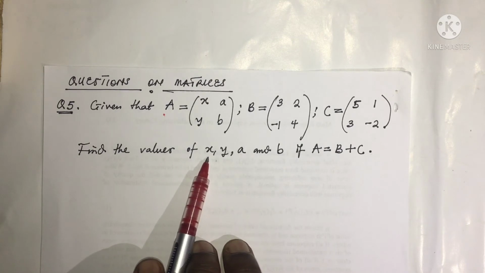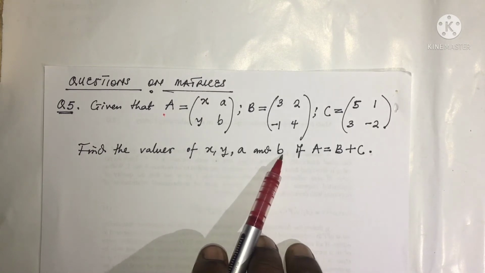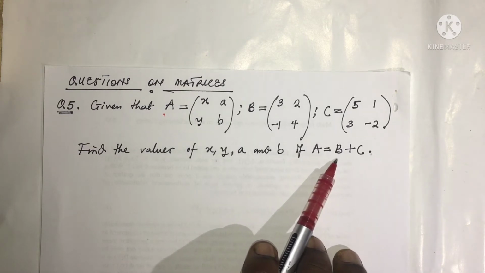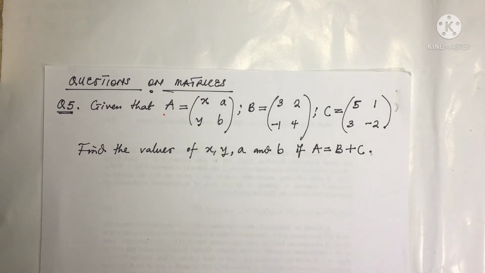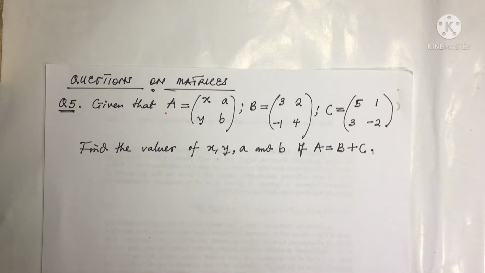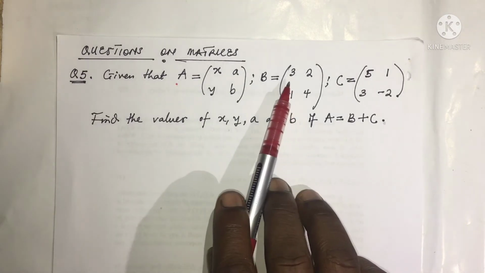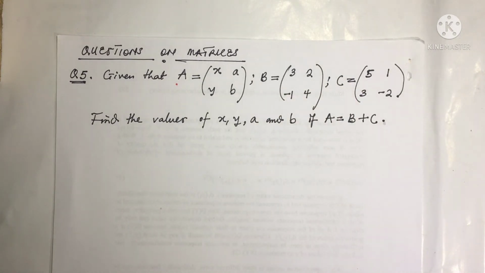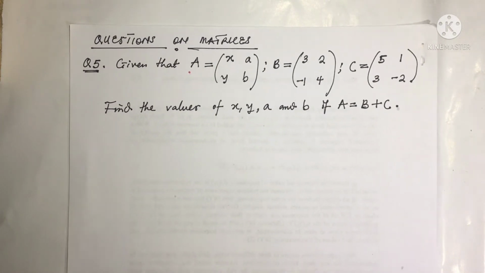Now clearly they want us to find the variables x, y, a, and b, provided A is equal to matrix B plus matrix C. So the first thing we are going to do in this problem is to add the matrices B and C. Remember what we said in our video, that for you to add 2 matrices that are conformable for addition, you have to add the numbers occupying similar positions together.